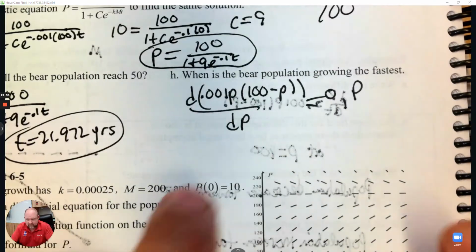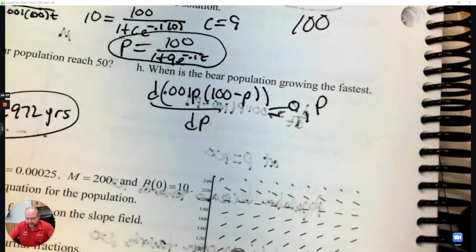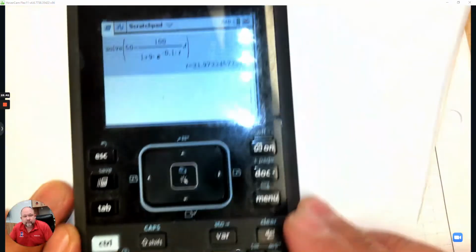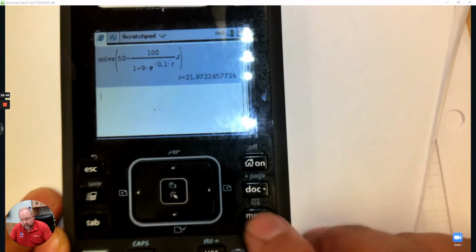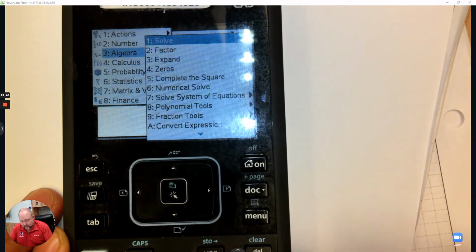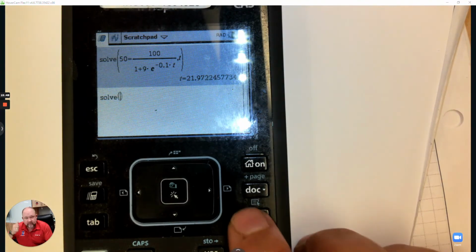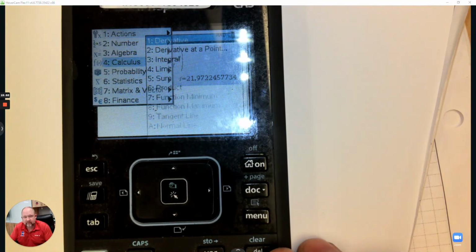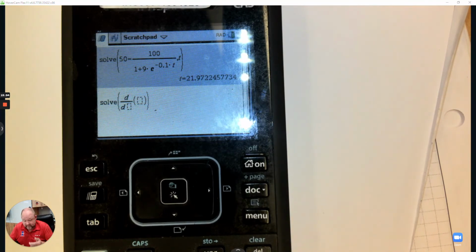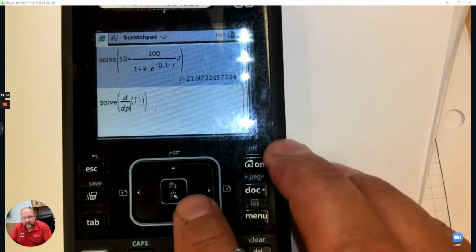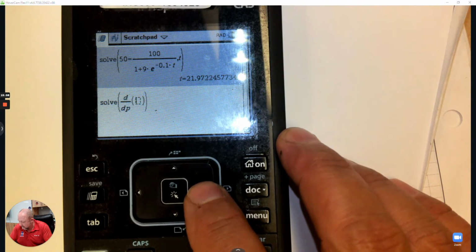So let's put this into the calculator. So again, menu, algebra, solve. And then we're going to do derivative. So menu, calculus, derivative. And then we're going to type it in. This is going to be in terms of p. So use p on the bottom of your keyboard.